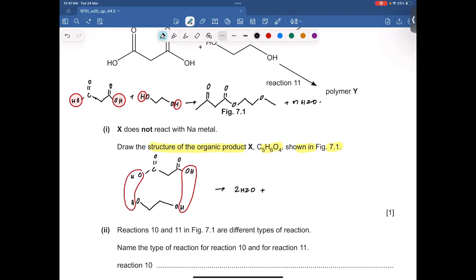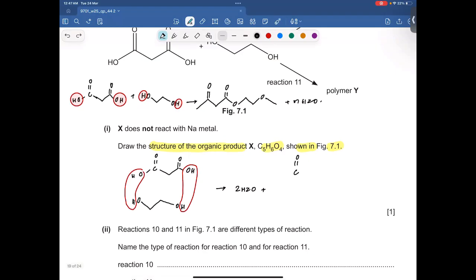Plus, this is going to be CO, CH2, CO. It is attached with oxygen. Then CH2. Then CH2. Then oxygen. Then CH2. Then CO. And this CO will attach to this oxygen.